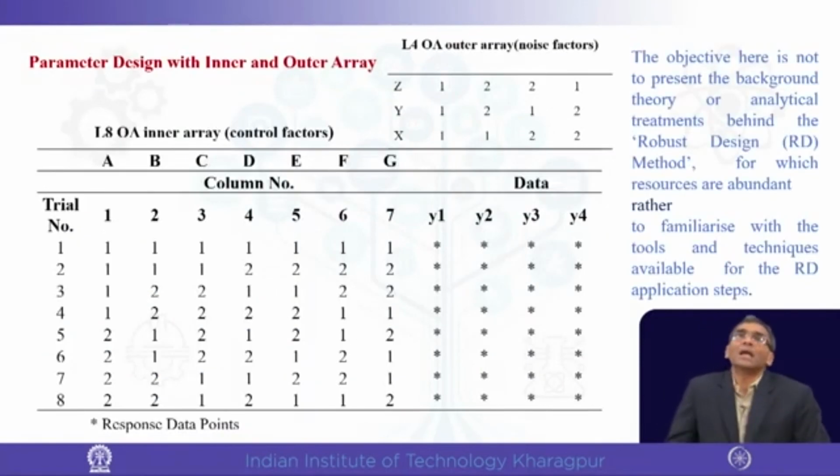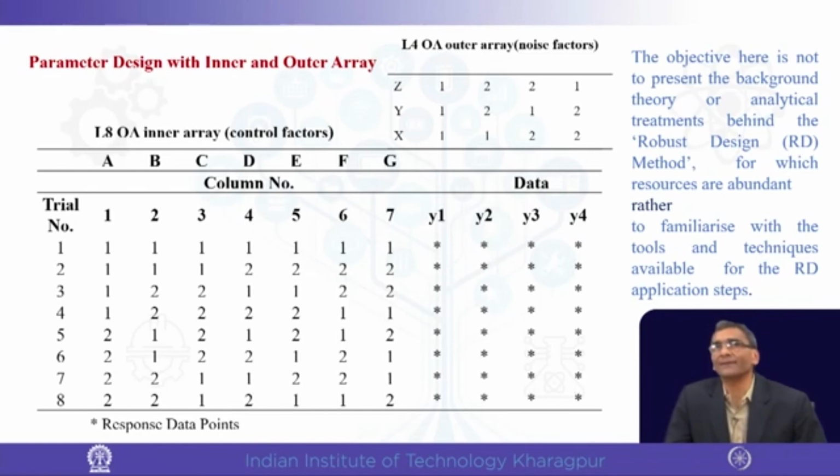Now, this is what you will see when you study anything in parameter design. I will soon after give all the links from where you can see this. It is a combination of two arrays. One is L8 for the inner array or control array, which Taguchi called the inner array, L8 or OA8, and on top you find L4 or OA4, the outer array, which is the noise factor.